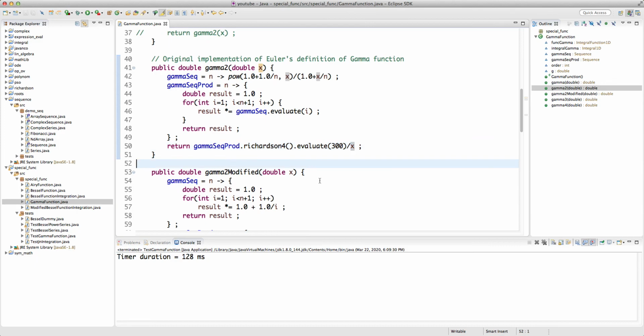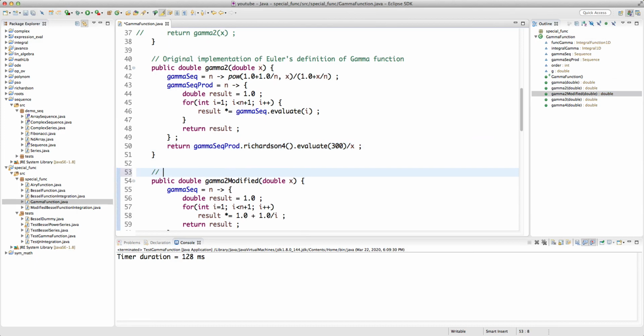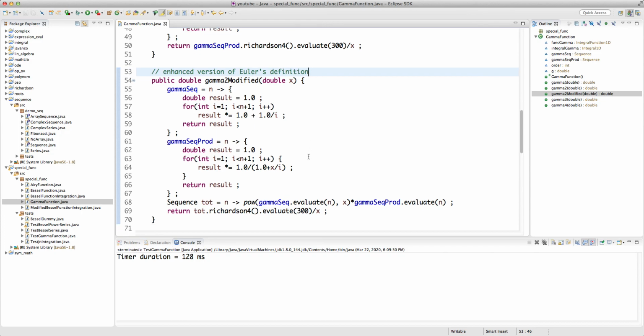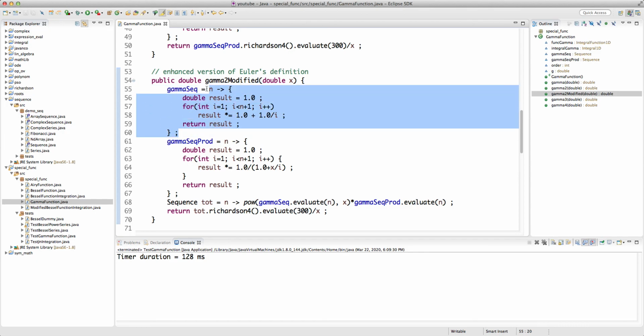All right. Gamma 2 modified is basically the enhanced version of Euler's definition. So by enhanced, what do I mean? I mean that we are multiplying 1 plus 1 over i. First we calculate the multiplication or create a sequence that calculates the multiplication for n terms, and then we raise it to the power of x, right?